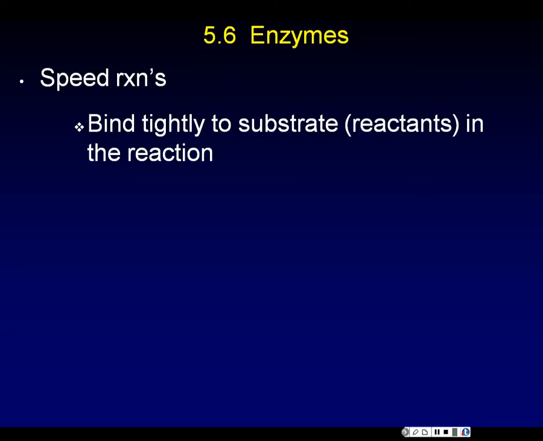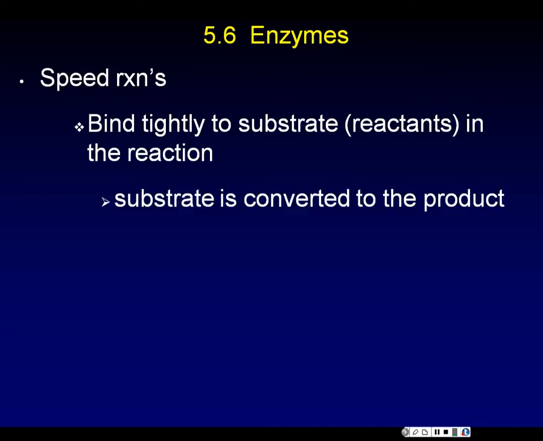So they're going to bind tightly to the substrate in the reaction. But the enzyme, he may be modified a little bit, but he's going to change the substrate into whatever the product is. What's the product that glucose is going to be converted to? Okay, ATP is the energy storage part, but what will he be converted to? Carbon dioxide. The oxygen will be converted basically into the water.